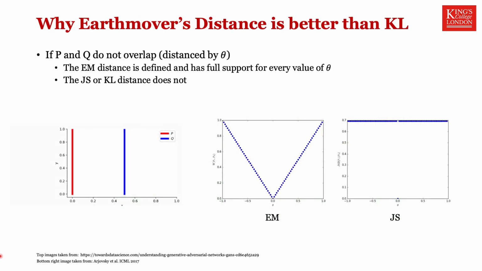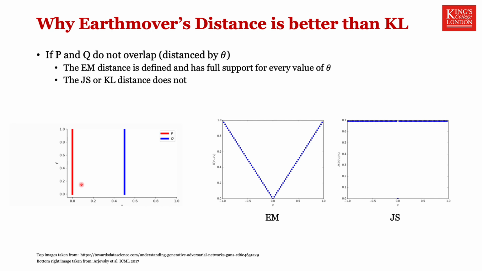So why is the earth mover's distance better than the KL divergence, at least for the purpose that we have here? The reason is, for example, imagine that you have 2 probability distributions which are not very well behaved, P and Q in this case. You see that P and Q have the full probability mass of 1 at one specific location. P has the full probability at 0, while Q has the full probability at 0.5.